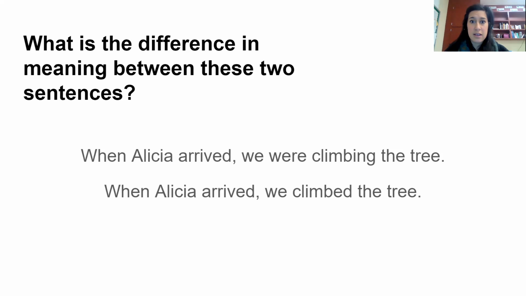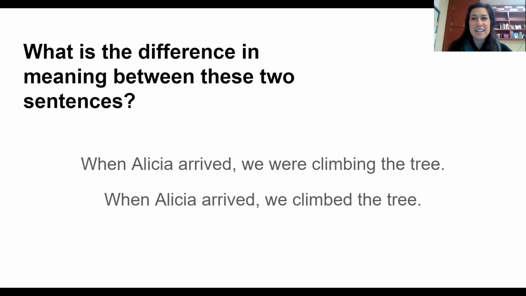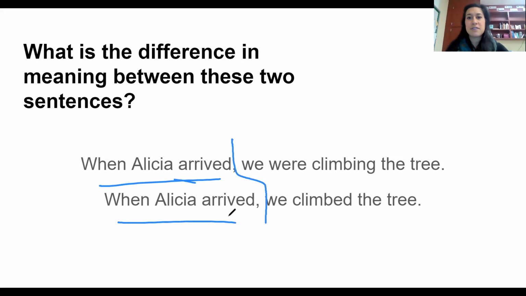Okay. Both of those sentences are in the past tense. They're both talking about something that happened in the past. But what's the difference? If you were here in class with me, you'd be working on it with a partner for 30 seconds to a minute and then answering back. Both of these first parts are the same: when Alicia arrived, so she arrived.